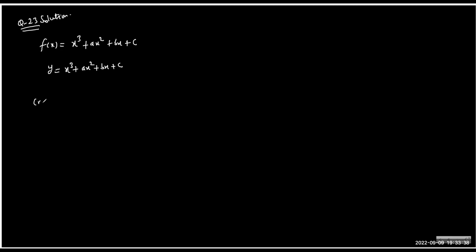What is given? Critical points are given. And what are the critical points? -1, 3, 4. And what is the meaning of these points? At the critical points, the first derivative must vanish.